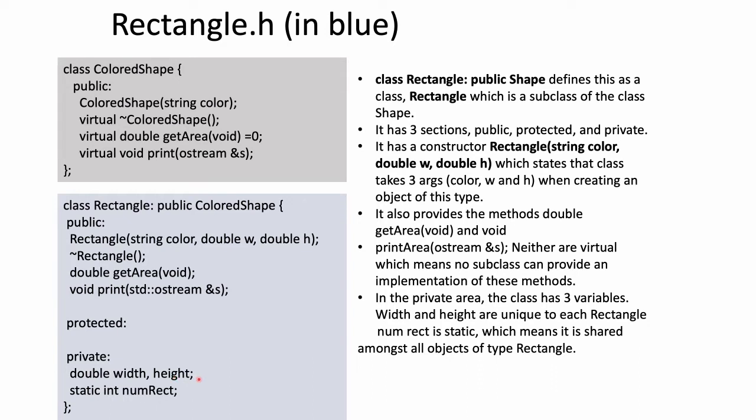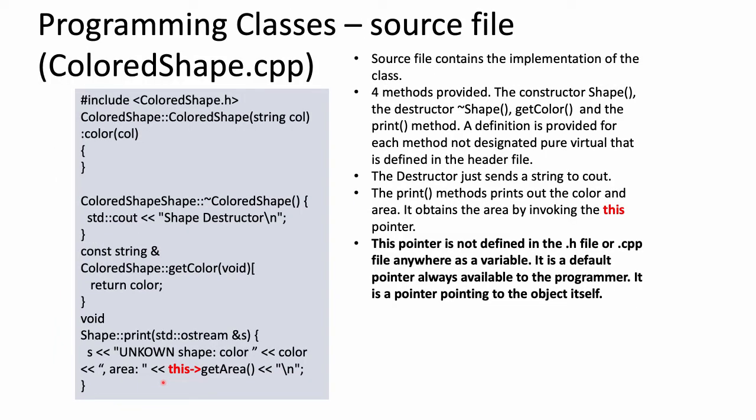So when we create each object of type rectangle, they will have their own width and height, but they will all share this numRect. So all the rectangles will be able to see how many rectangles there are, but each one will have its own unique width and height. So that's the rectangle. So now let's look at the C++ file for our ColoredShape, the implementation of ColoredShape.